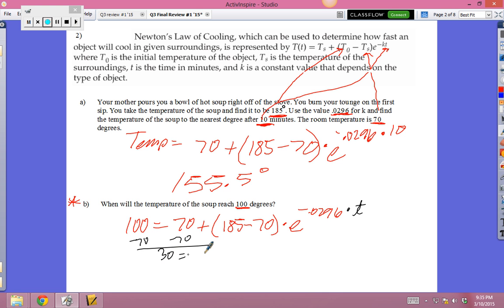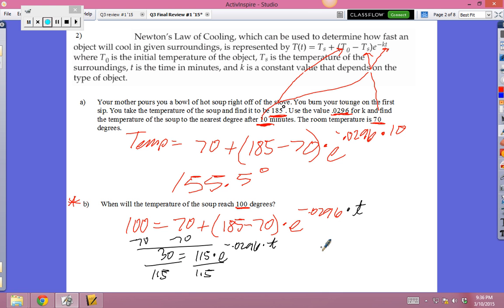So now you've got 30 is equal to, okay, now 185 subtract 70, that is equal to 115 multiplied by e to the negative 0.0296 times T. So now I'm going to undo this 115. So undo the multiplication, divide by 115, divide this by 115, and 30 divided by 115.